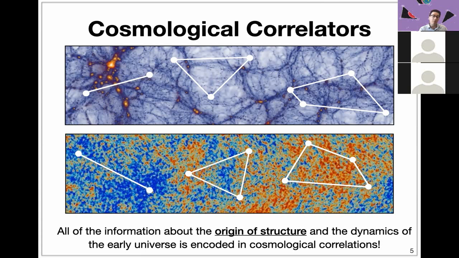So being so important, understanding them is not just an observational goal. It's an important goal of observational cosmology to constrain and detect primordial non-Gaussianity, cosmological correlators. But it's also important that the theory is well developed and that we know, if and when we detect something, what kind of physics we are inferring from this detection.